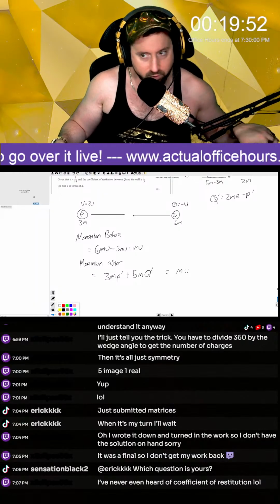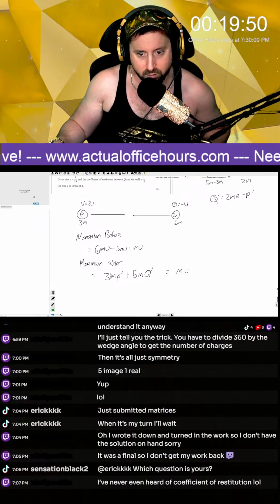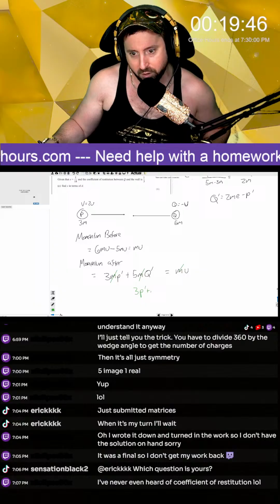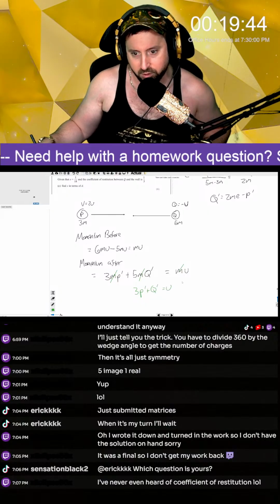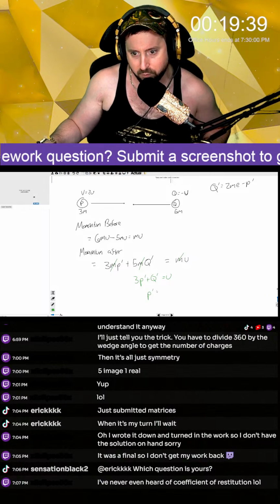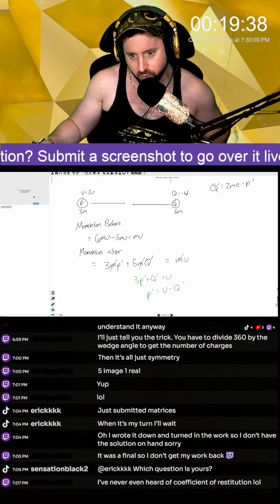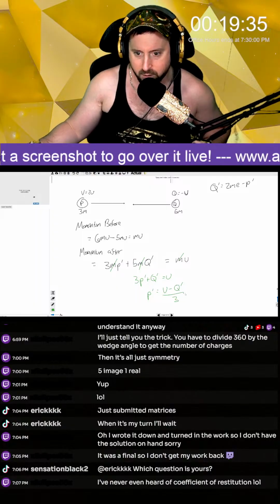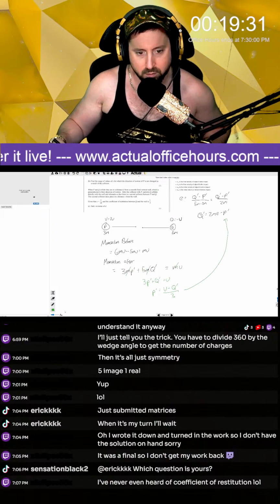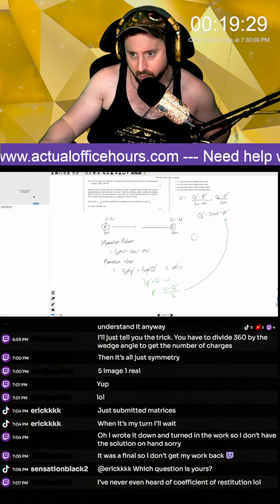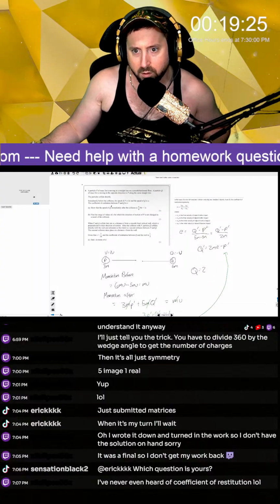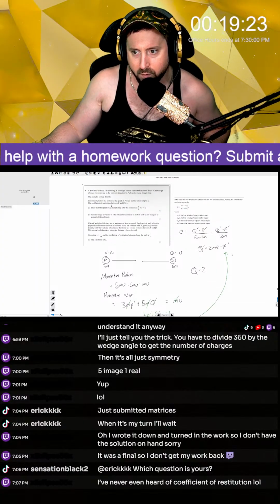First of all, I can get rid of all the m's. So 3P prime plus Q prime is equal to u. So P prime is equal to u minus Q prime, all over 3. And now I can plug that into here.